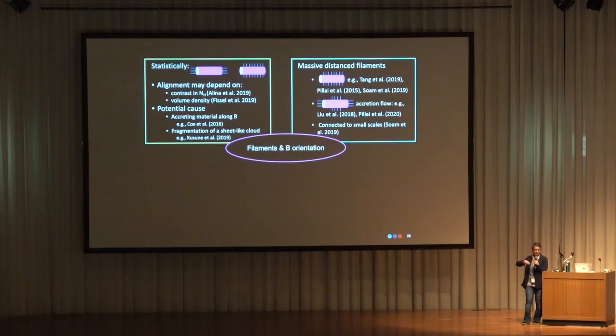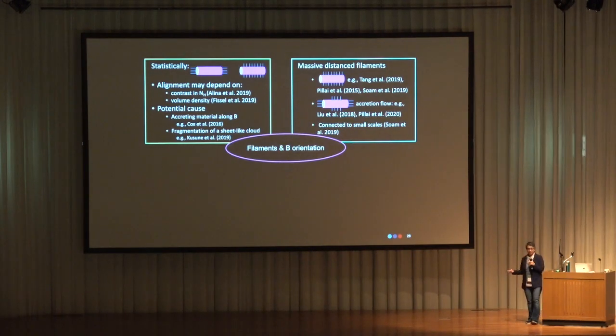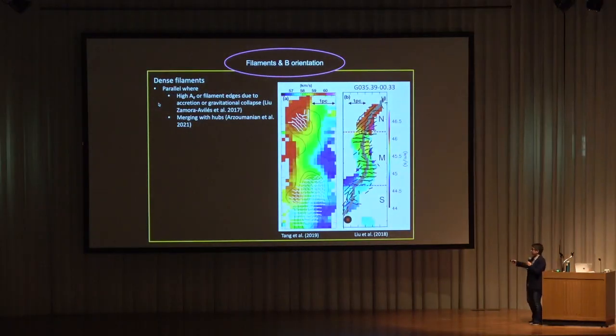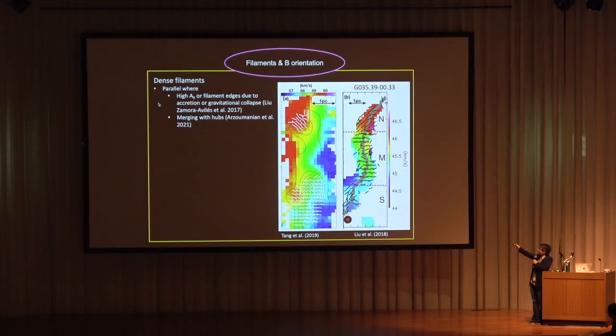And this transition back to parallel, based on the limited observations that are available, is happening for very high density filaments, or for regions where the filaments are merging into a hub system, as we saw with the main ridge of NGC 6334. For example, here we see a massive filament observed by Liu et al. 2018, where the magnetic fields are perpendicular to the filament, and at the edges or ends of the filament, they transition back to parallel.